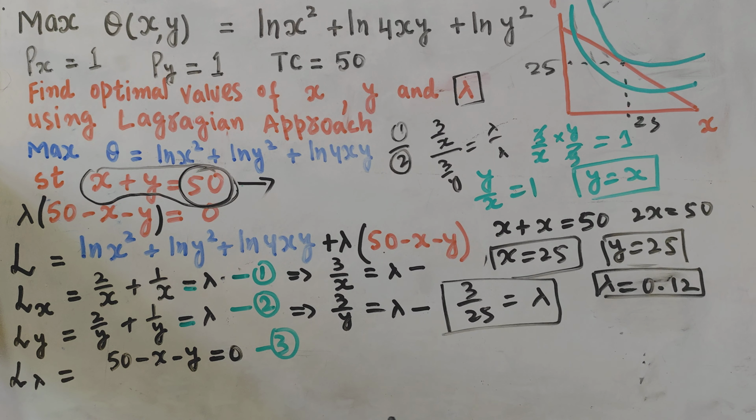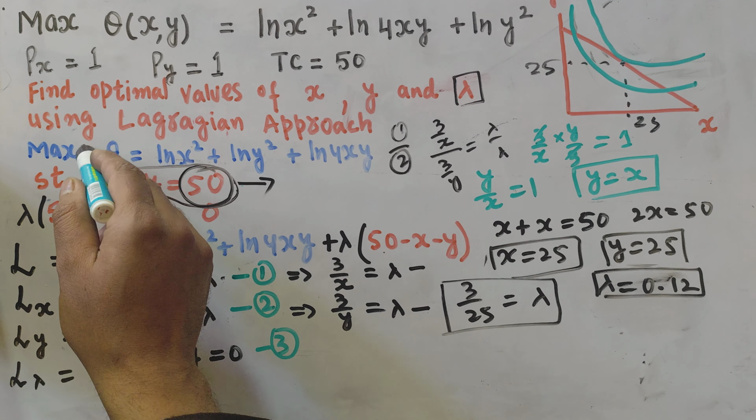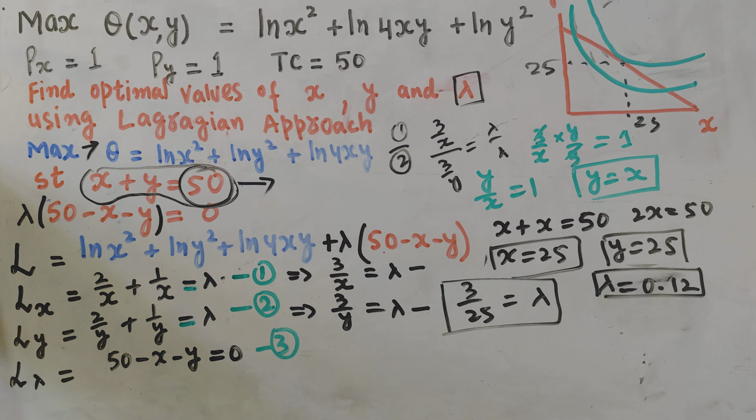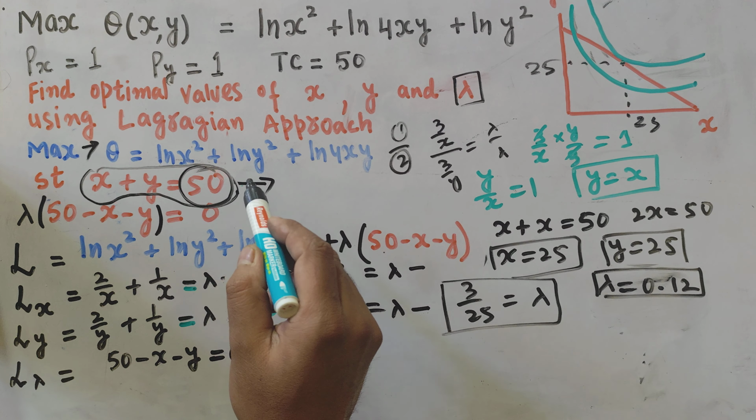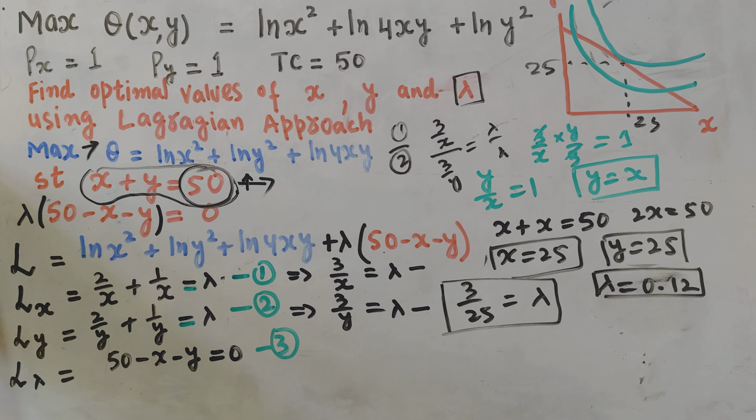It simply tells us how much our production will increase when there is incremental increase in the cost. It says simply what happens to the production when the cost increases by $1.